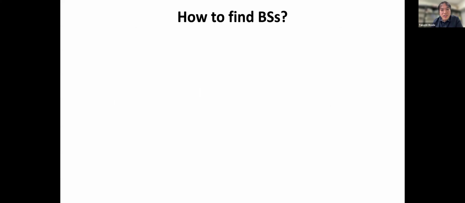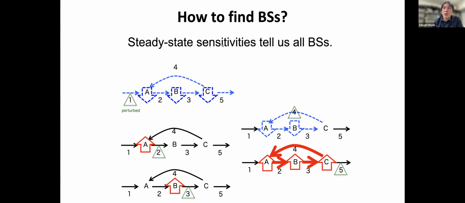And the last property in the previous slide indicates a practical method for finding buffering structures. So far, I haven't explained how to find all buffering structures for a given network, and we can practically find all buffering structures by computing steady-state sensitivities. So this comes from the last property in the previous slide.